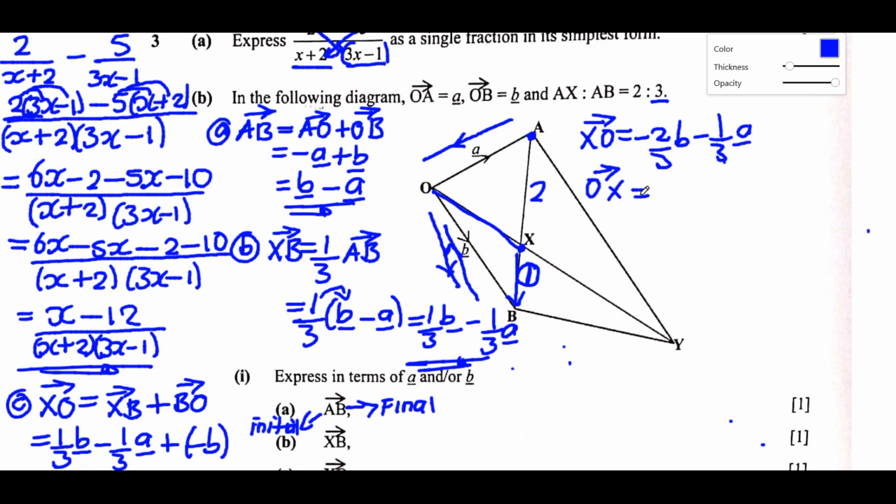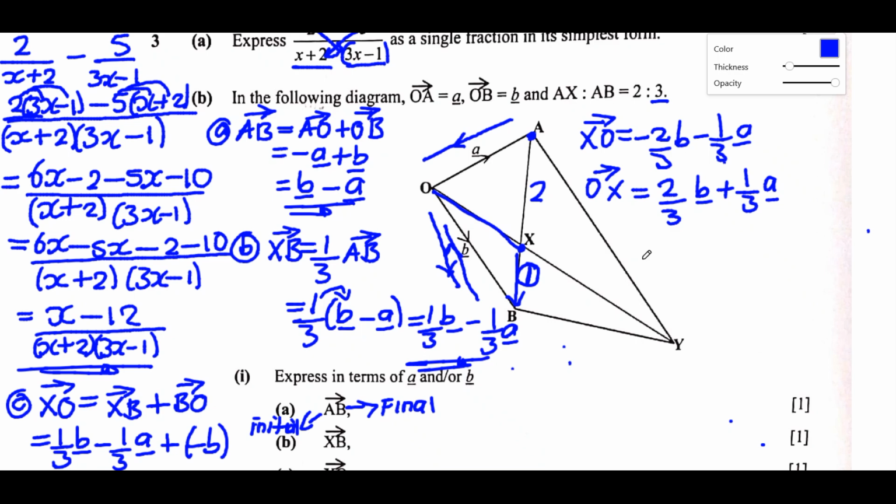It's like we are moving against the arrow. So instead of writing -2/3, I'm going to write +2/3 of vector B, and even this one must change, so +1/3 of vector A.